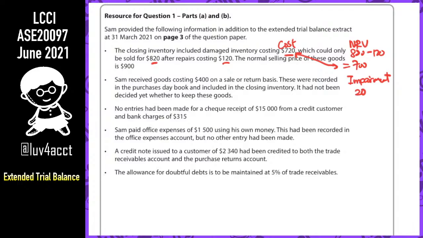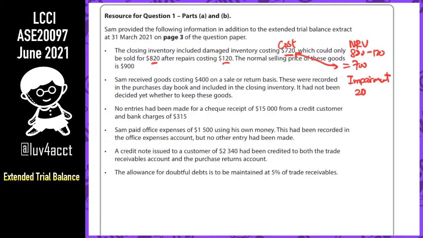Sam received goods costing 400 on sale or return basis. These were recorded in the purchases day book and included in closing inventory. It had not been decided yet whether to accept these goods or not.